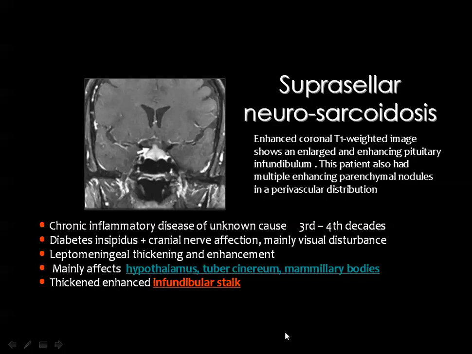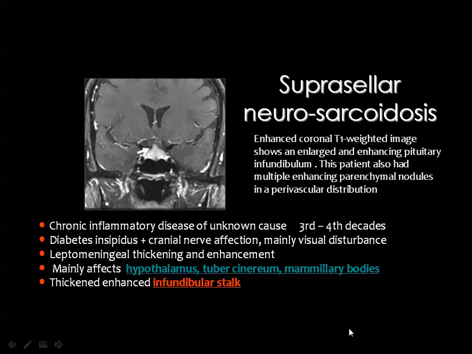And the diagnosis of neurosarcoid is usually somewhat difficult unless you have other stigmata of sarcoid in the body, especially in the chest. Sarcoid is a chronic inflammatory granulomatous disease of unknown etiology, and it may present with diabetes insipidus and cranial nerve affection, especially the optic nerve.